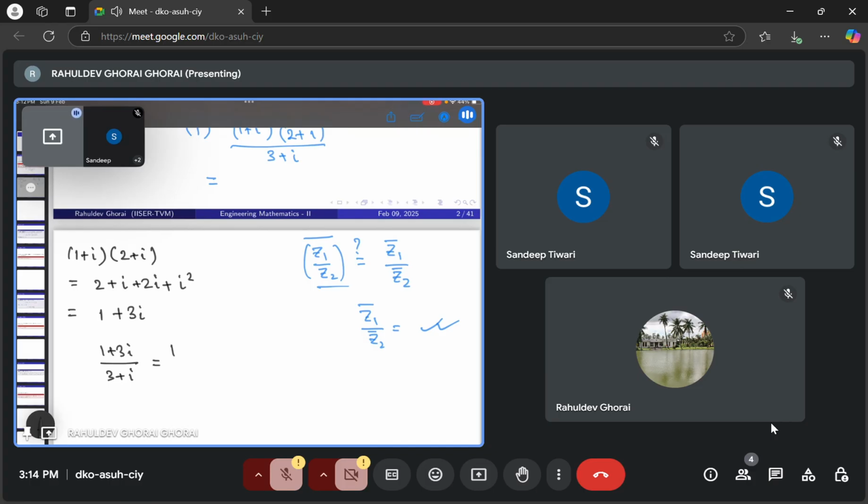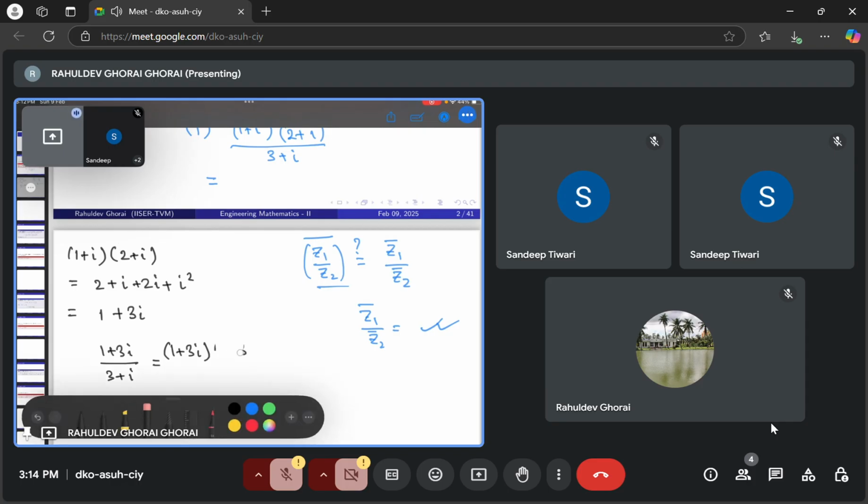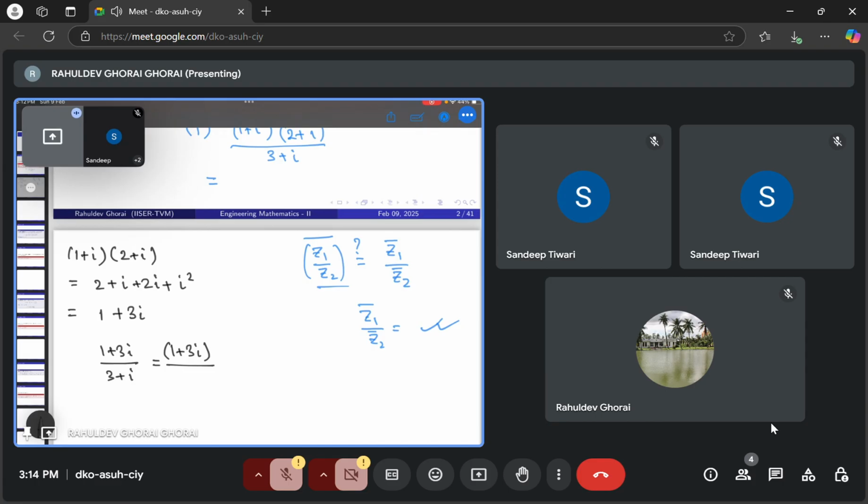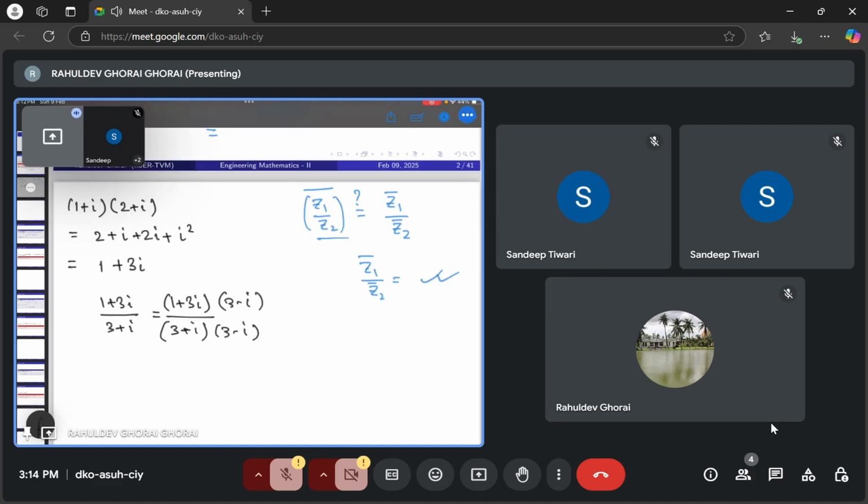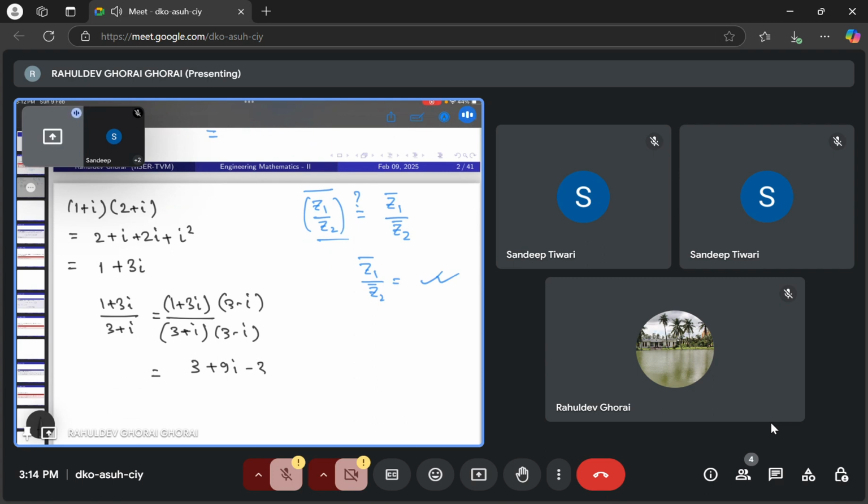So what do we make? (1 plus 3i) times, we want to make this (3 plus i) times (3 minus i), so we multiply by (3 minus i) on both.